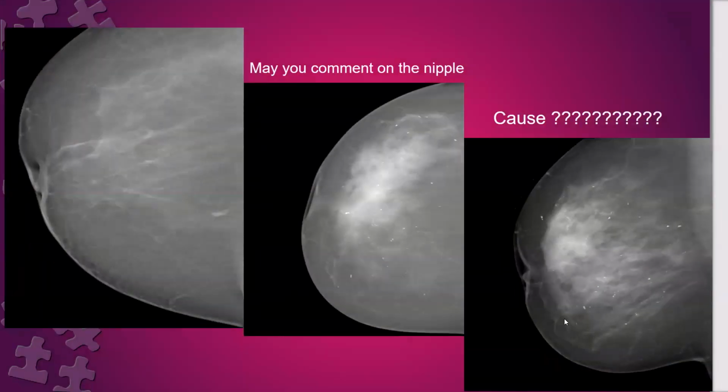And in these cases, what do you think is the cause of the nipple retraction? The cause is obvious here. This is a very common cause, even the commonest cause, in our practice.